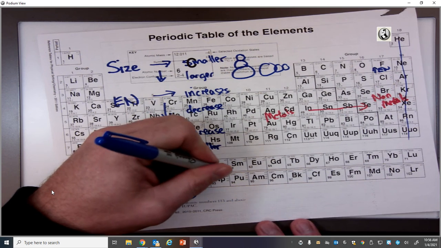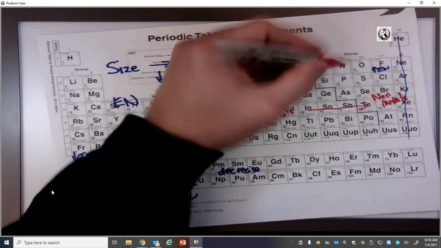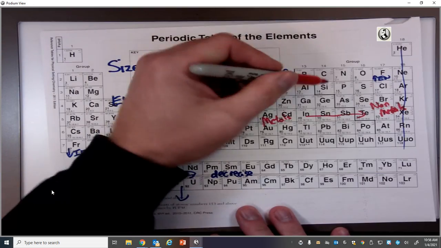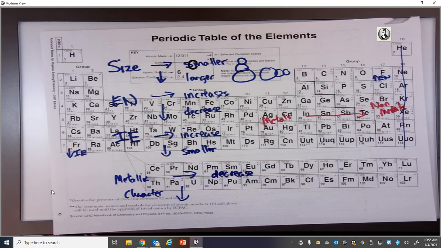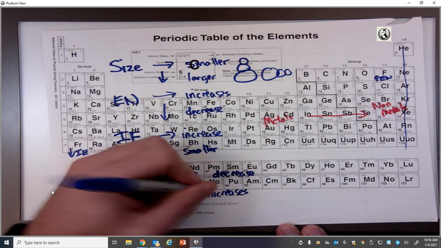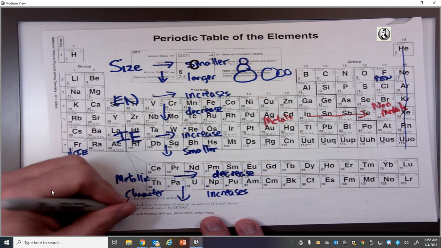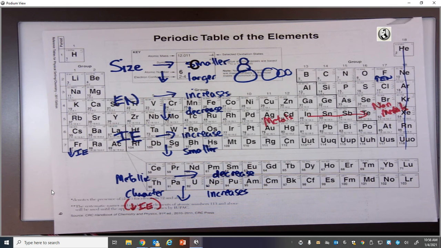So as you go across it, it's going to decrease. All right, and as you go down a group, now you can't look at these groups over here because all you have is metals. Come over to a group that's got both nonmetals and metals. So this one, as you go down a group, it goes from nonmetals to metals. So metallic character increases. That's just an easy way to figure out the trend. The reason is, you determine the metallic character by low ionization energy. All right, the elements with lower ionization energies are going to have more metallic character.